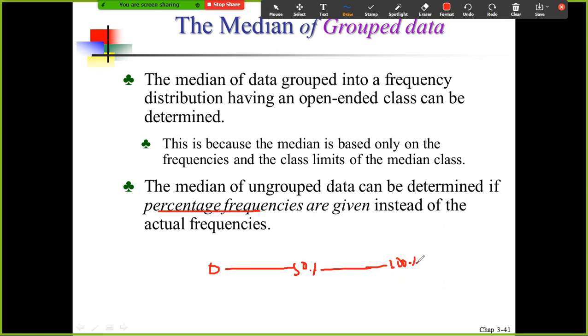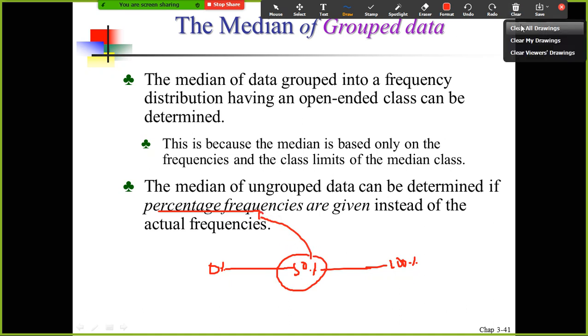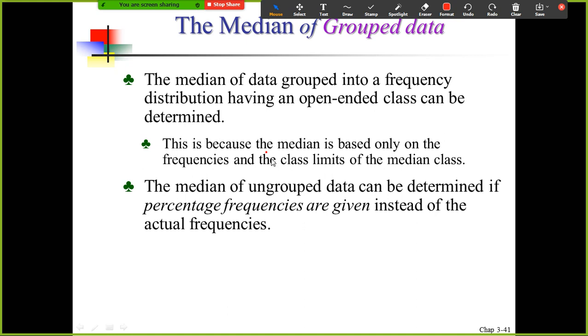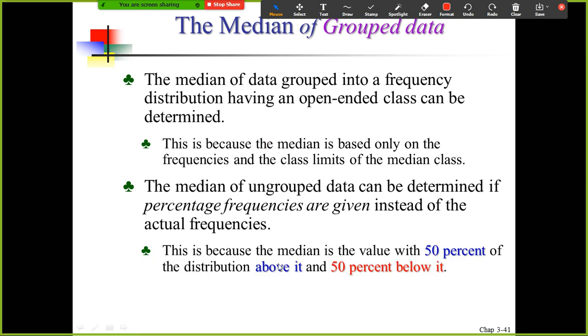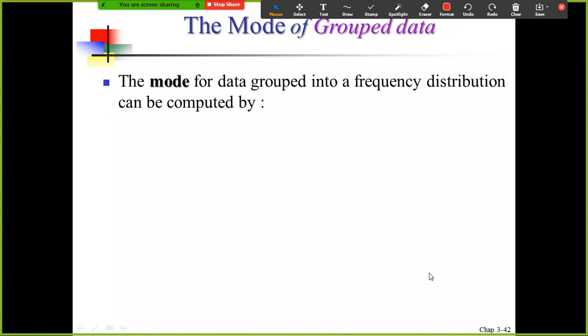Our data set lies from 0% to 100%, so the median is at 50%. This is because the median is the value with 50% of the distribution above it and 50% below it.